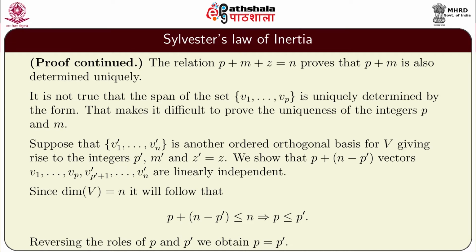So, suppose that v1' and so on up to vn' is another ordered orthogonal basis for V, giving rise to the integers p', m' and z', but z' will be z because we have proved just now that the integer z does not depend on a choice of basis.